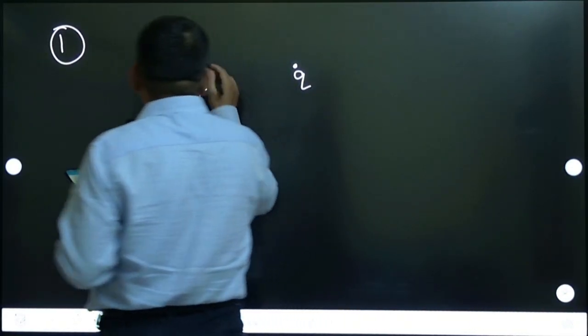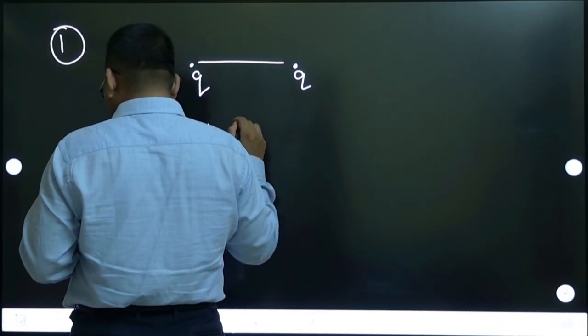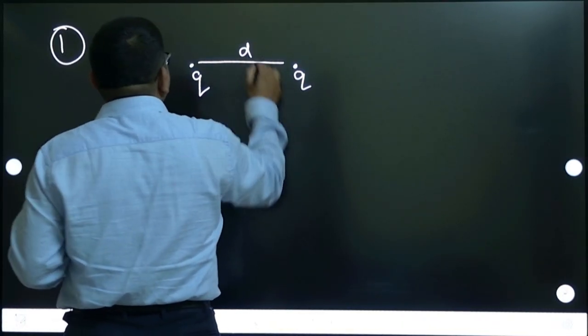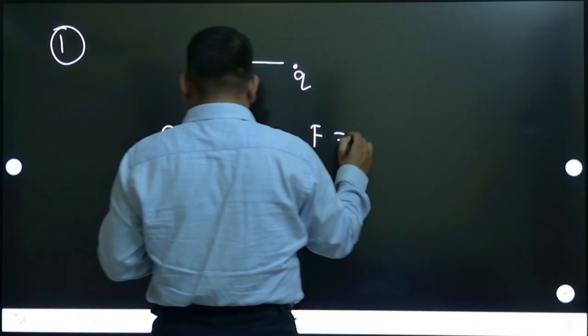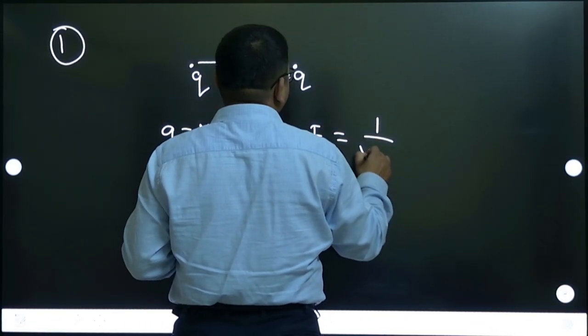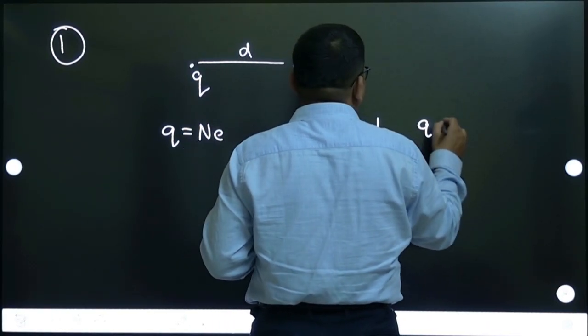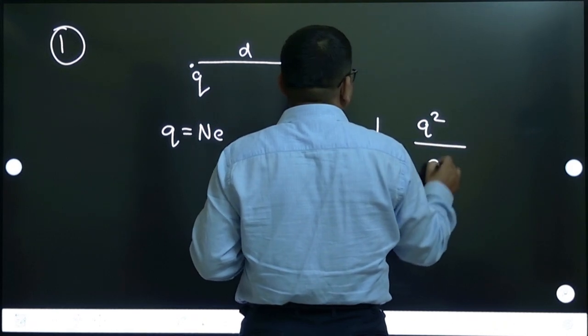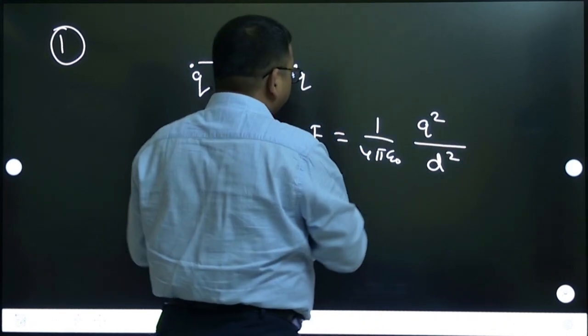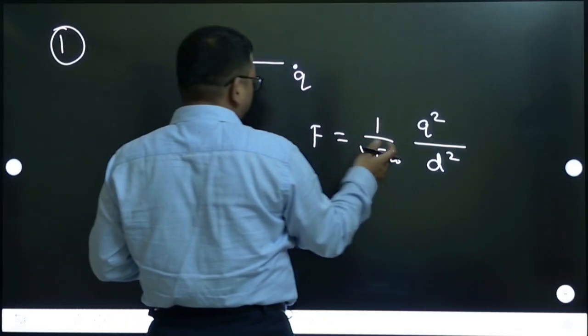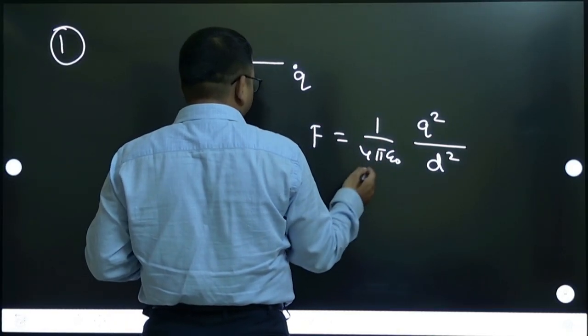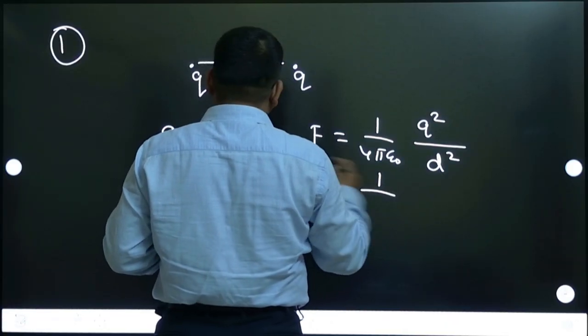Now the force between them they have given, and the distance between them is d. So force is k, and k means what? 1 by 4 pi epsilon naught, right? F is k q1 q2, that is q square, by distance square. And q is equal to n into e.